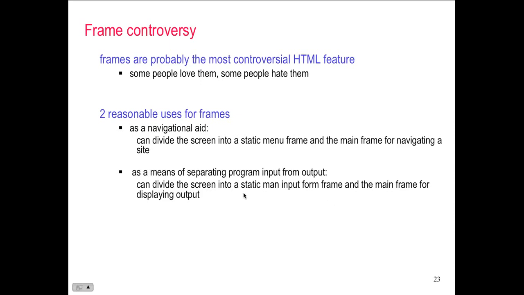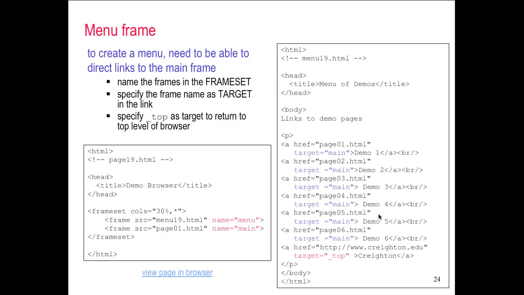You divide the screen into a static main input form, maybe for the frame, and then a frame for displaying the output. Primitive shopping cart stuff used to do that, not anymore. It's all integrated, but it's usually just computer science stuff. If you go to W3Schools, stuff like that, you'll see frames being used.